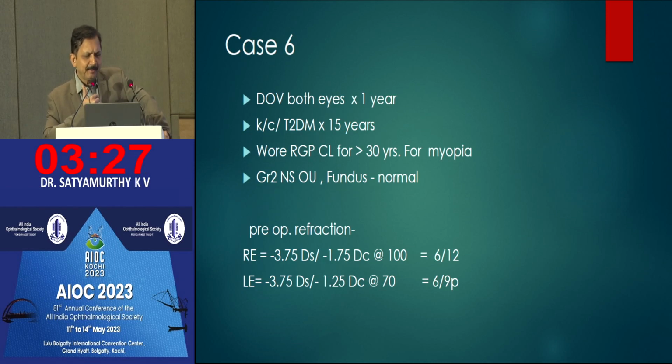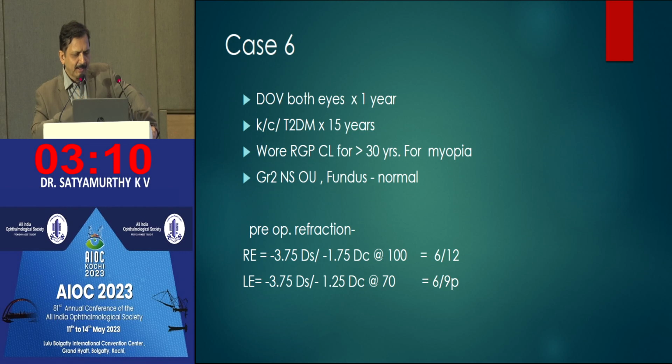Another case where a patient underwent surgery in both eyes because he had diminution of vision. He had been wearing contact lenses for a longer period, more than 30 years. He was a diabetic, the retina was normal, and it was a simple case, so surgery went very well. Pre-op refraction was somewhat like this.